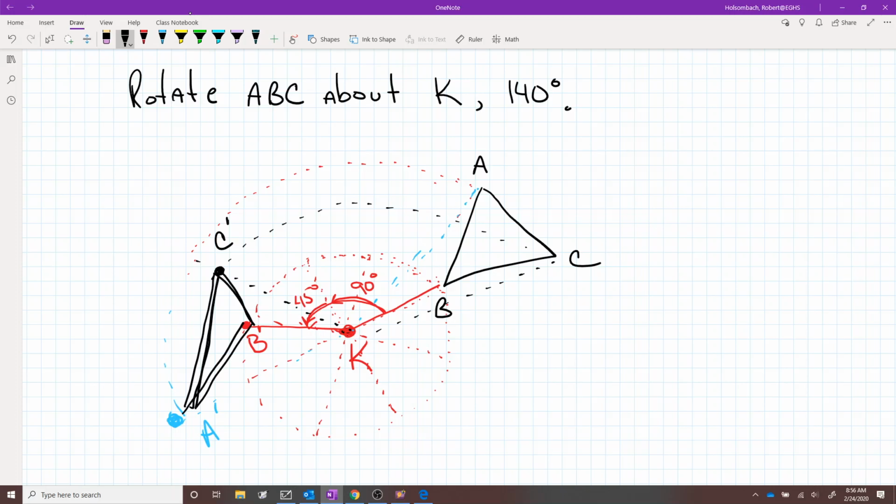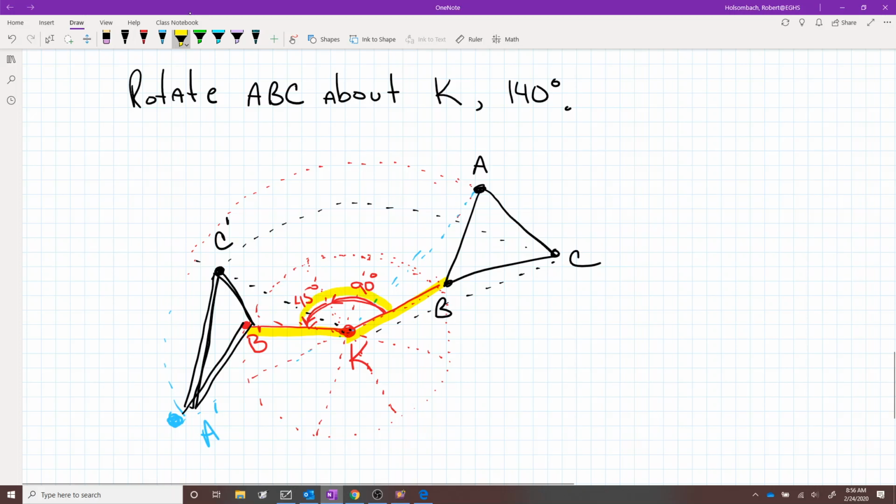The key to your rotations is that each vertex from the pre-image to the image stays the same distance from the center of rotation. And then if you drew a line from vertex to vertex, it should match this angle right here.